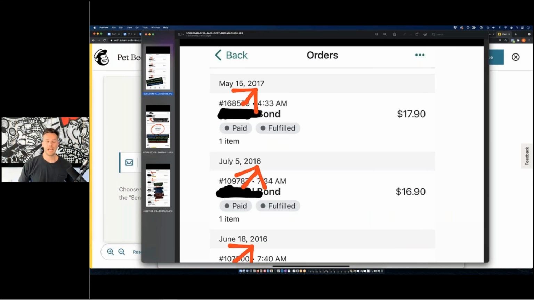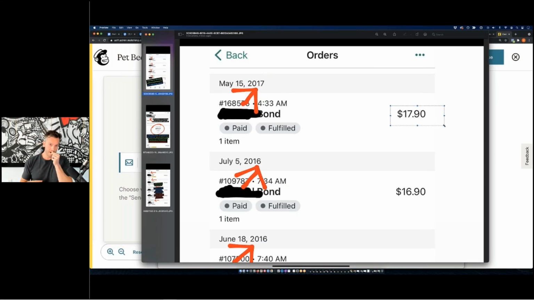This is crazy. And this is why, when I say long-term vision, when I say marathon, it's not just a saying from some guru, right? It's legitimate, because we went from July 5th, 2016, all the way to May 15th, 2017, and they made another purchase of $17.